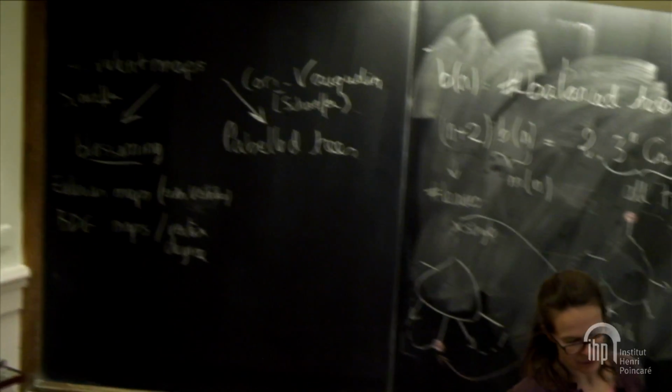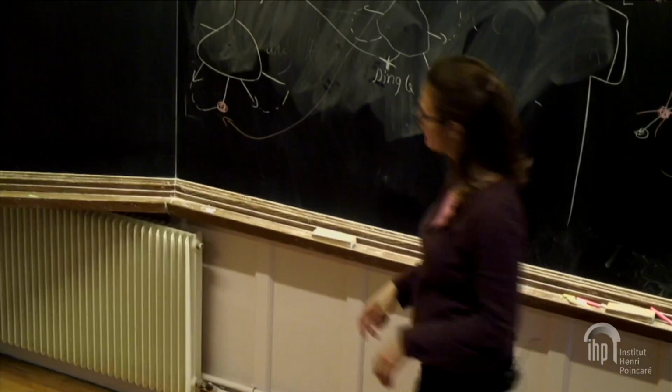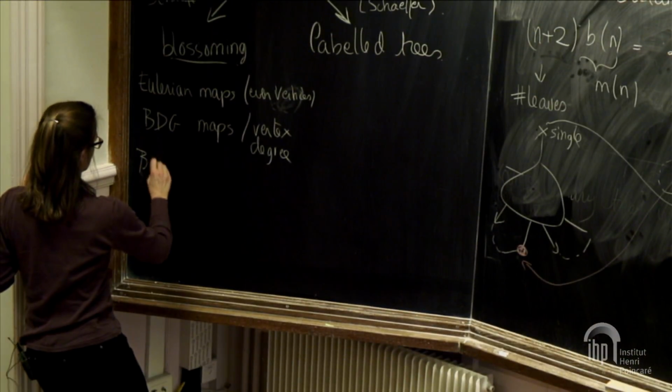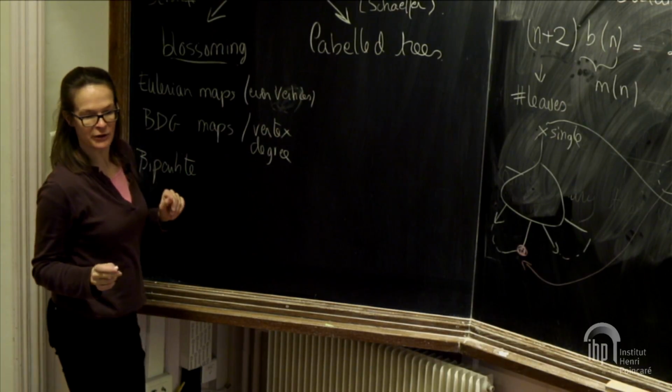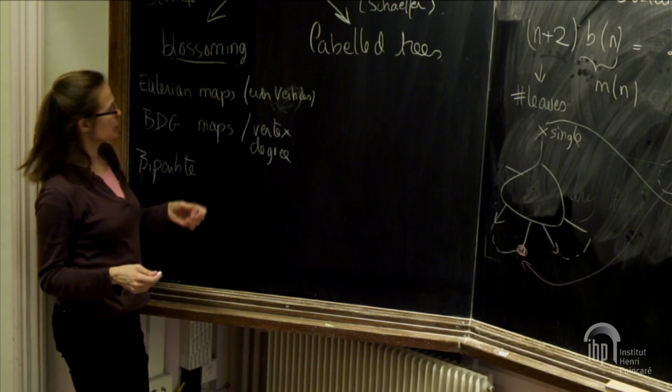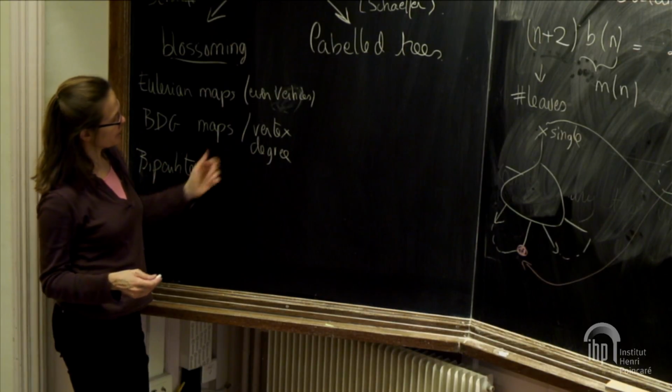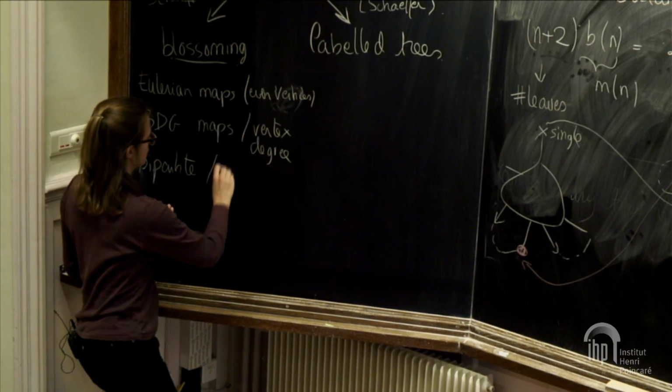And then came still more bijections. Then with Gilles, we did that for bipartite maps. So you have black and white vertices, and for each color, you record the number of vertices of each degree.